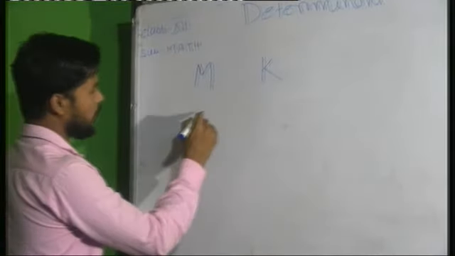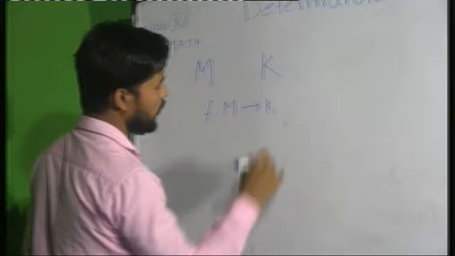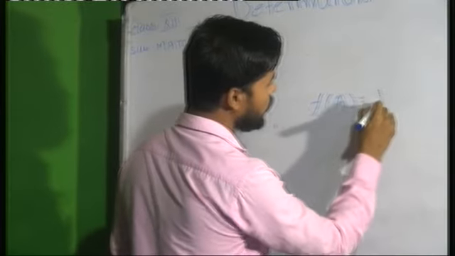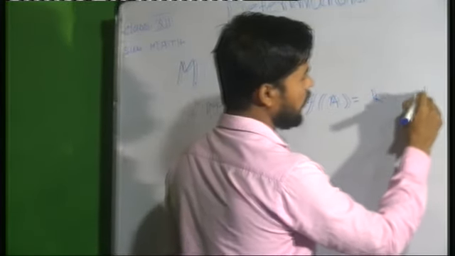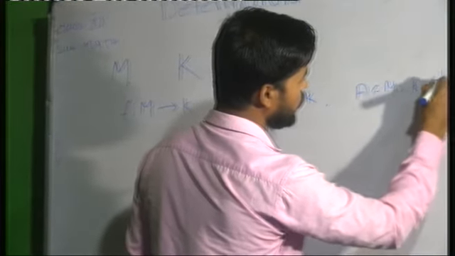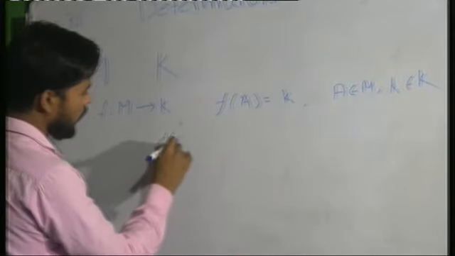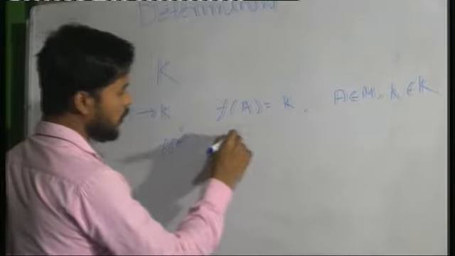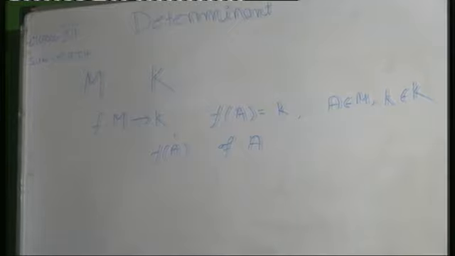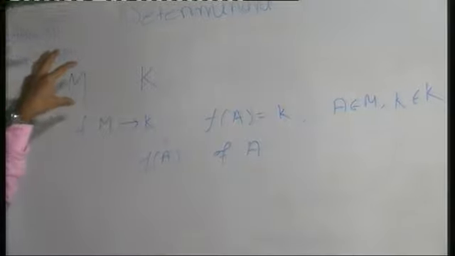If we define a mapping f from M to K by f of A is equal to k, for A belongs to M and k belongs to K, then f of A is called the determinant of the matrix A. So determinant of the matrix is nothing but a value which is assigned to a fixed matrix.